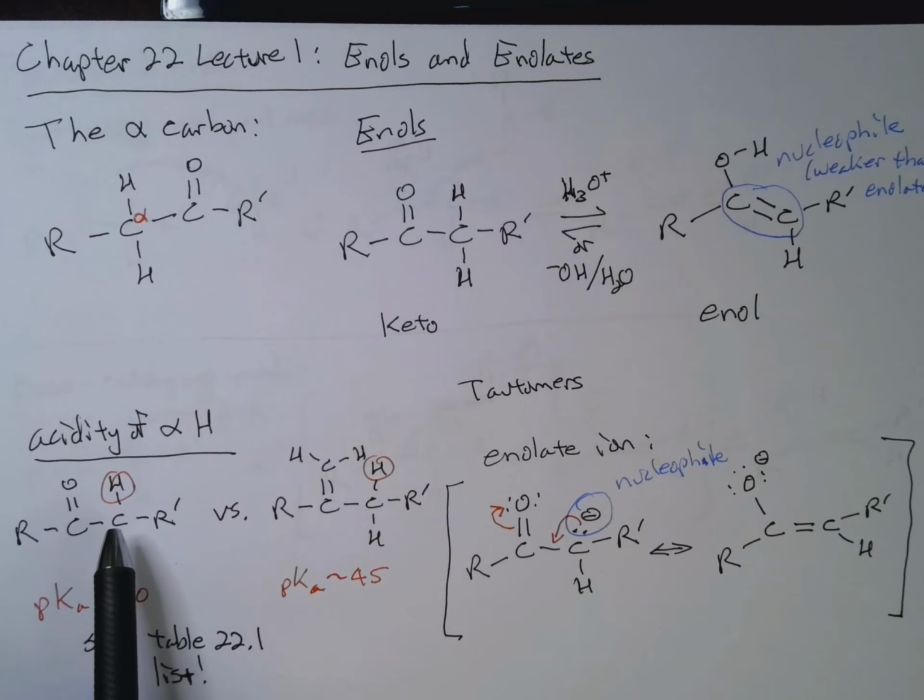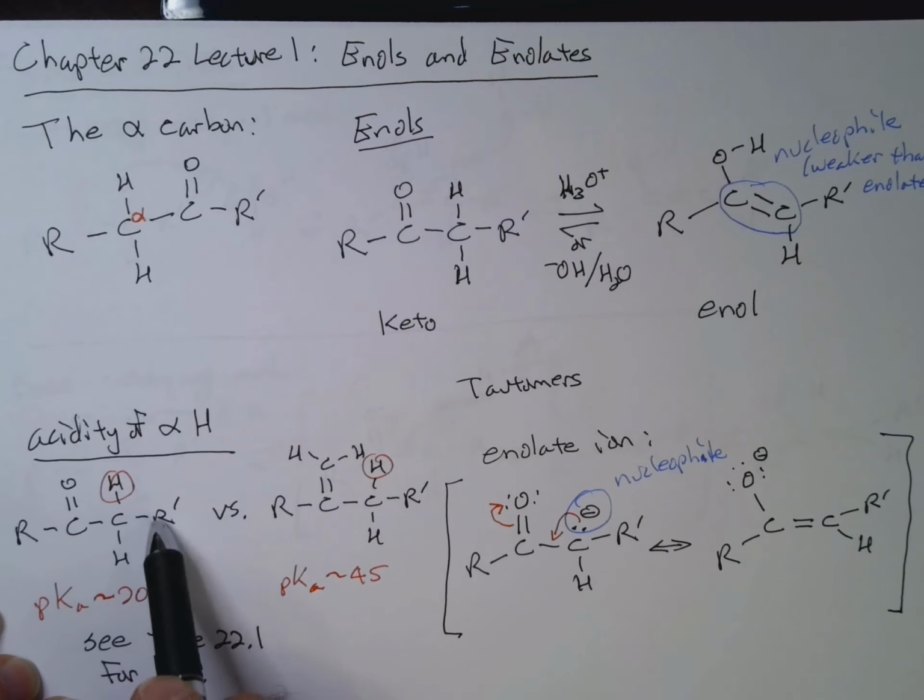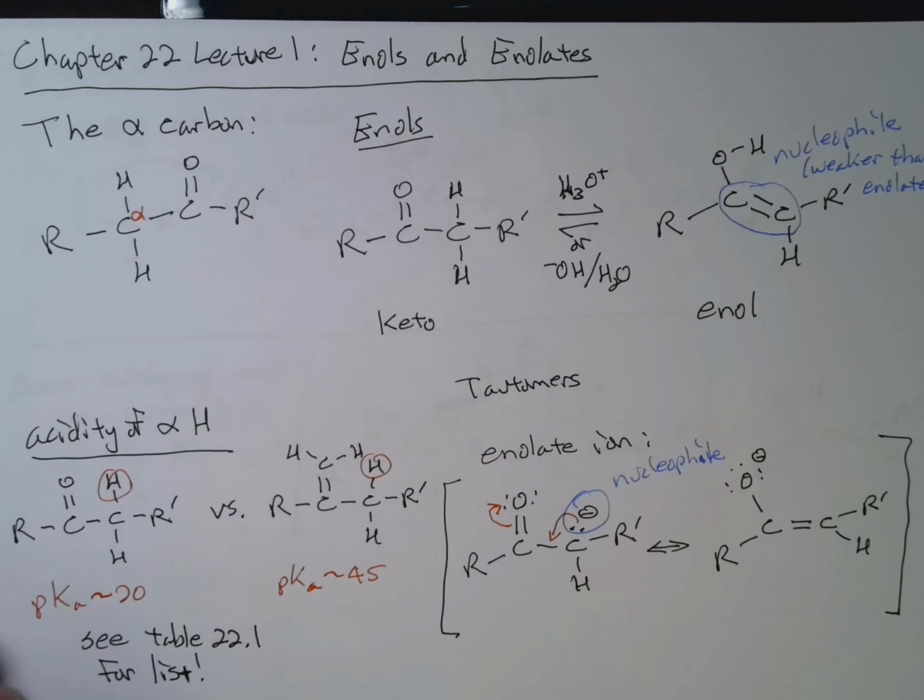A terminal alkyne has a pKa of around 25. An alcohol, like a substituted alcohol like 2-butanol, has a pKa of around 18. So it's only about 100 times less acidic than t-butanol. We'll see that if you actually stick another ketone over here, you can get an additional resonance structure, more delocalization, and an even more acidic alpha proton. But we'll look at that in another lecture video.